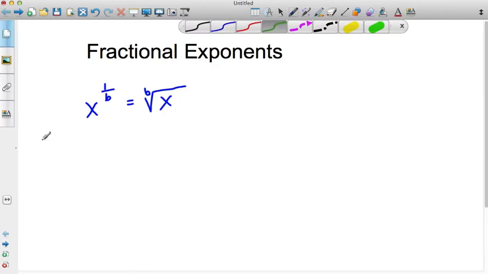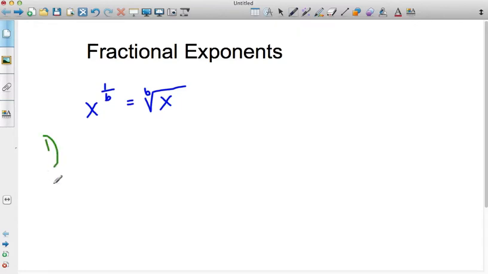Example number 1: if I have 4 to the 1/2 power, what that means is I simply take the root. The 4 was the base, so 4 goes on the inside, and the 2 was the b, which goes on the outside.